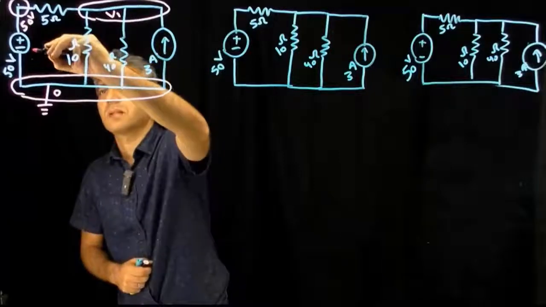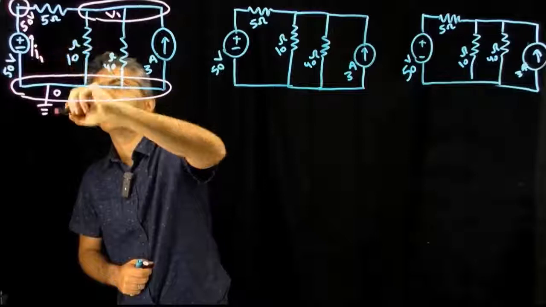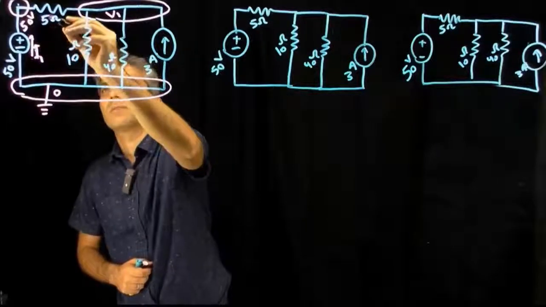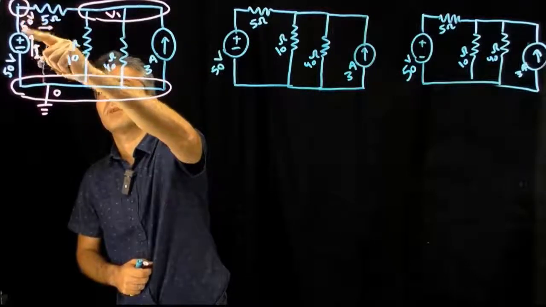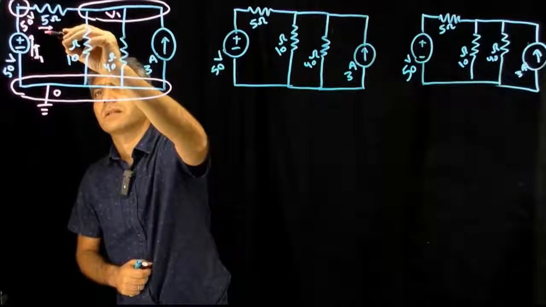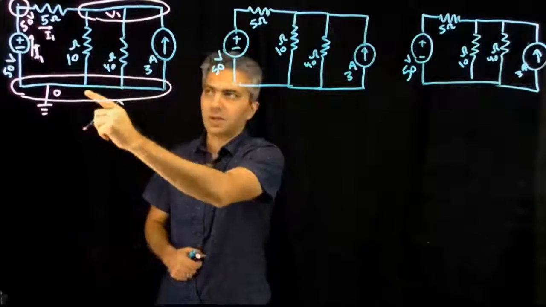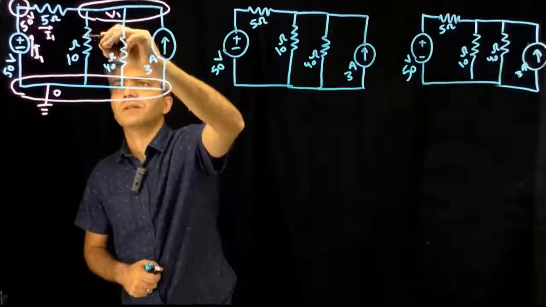Then I'm going to start labeling currents. So this would be I1, and then the current passing through the 5 ohm would be the same, because I can write KCL right there and immediately realize that that's I1. I can call it a different current and then come back and write KCL. Obviously, this is a shortcut in our technique.